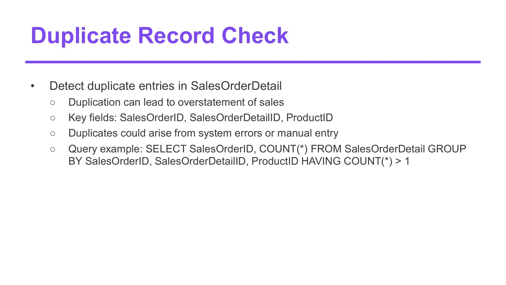Duplicates might appear due to system glitches or manual entry mistakes. To find these, we use an SQL query that groups records by these fields and then looks for groups where the count is greater than 1, indicating duplicates. This kind of validation helps ensure data integrity and prevents inflated sales numbers in your reports.